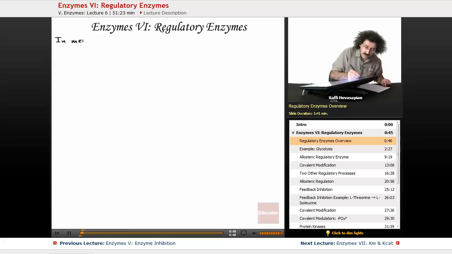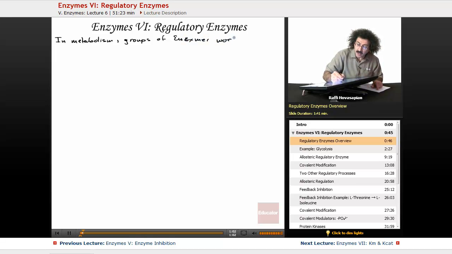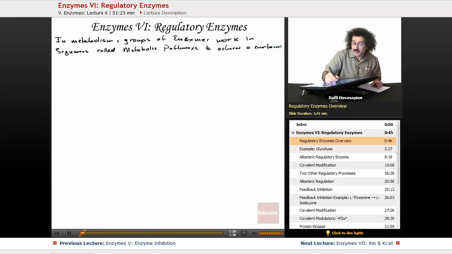So in metabolism, both catabolic and anabolic, groups of enzymes work in sequences called metabolic pathways, to achieve a certain goal.